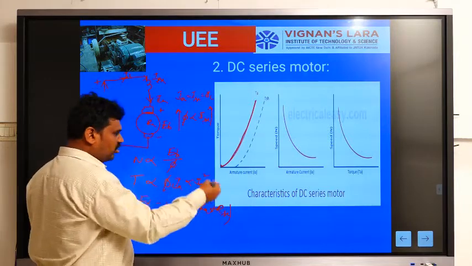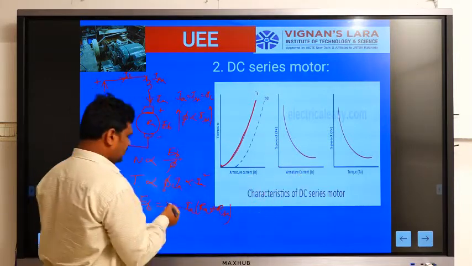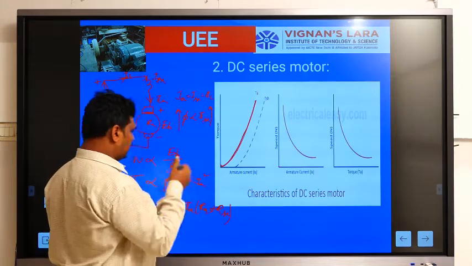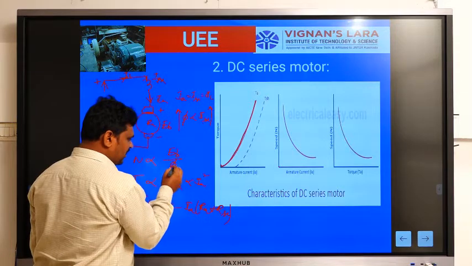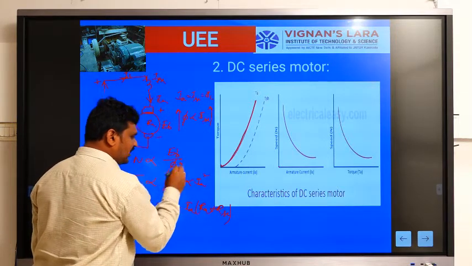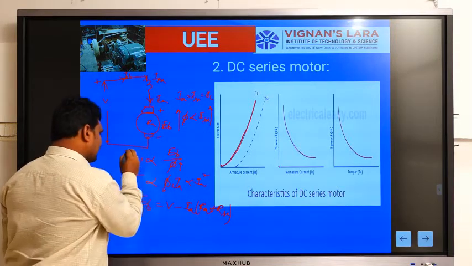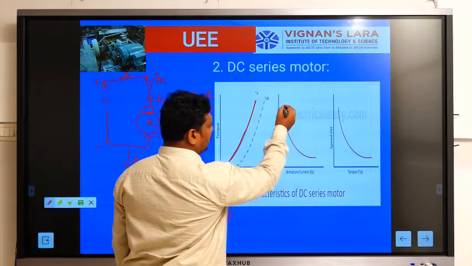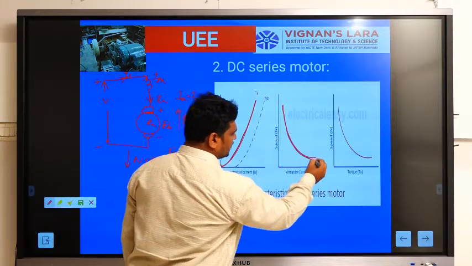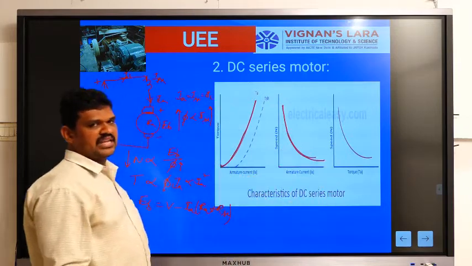When you increase the load and the armature current, the series flux magnitude increases. When the flux increases, the speed decreases. So it has parabolic characteristics.